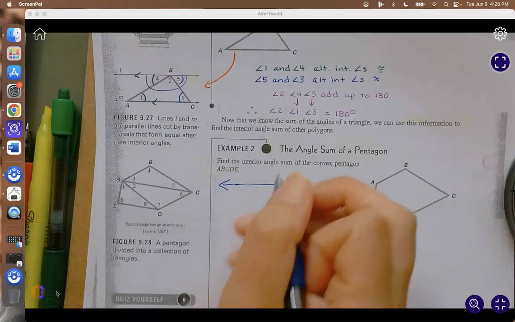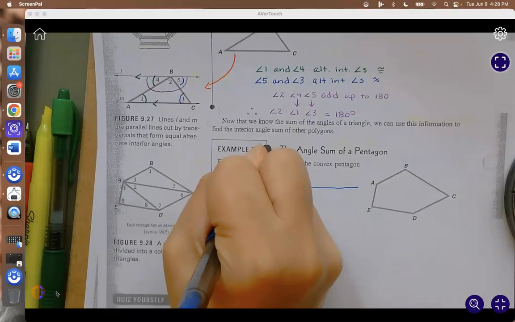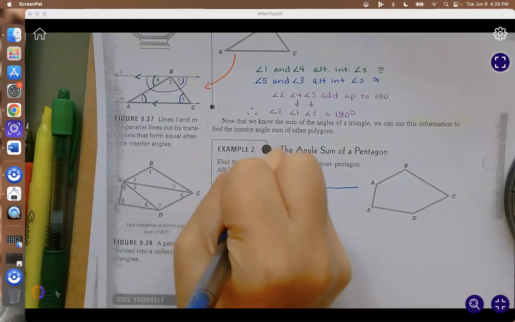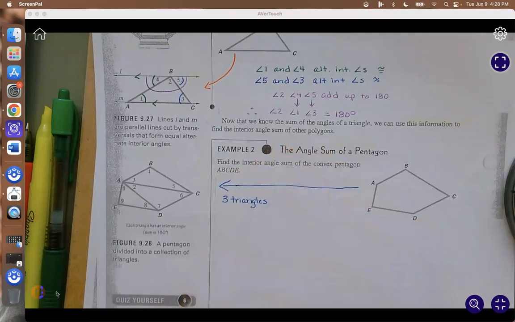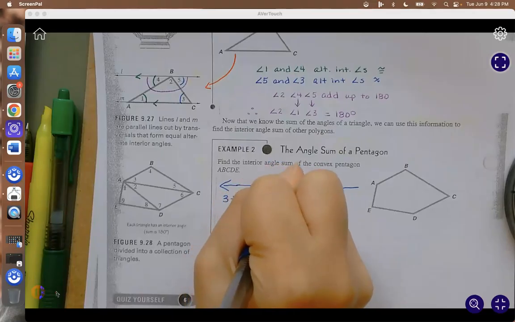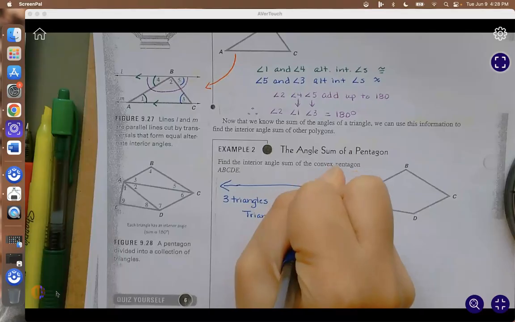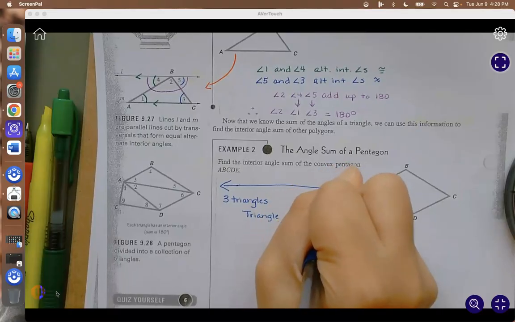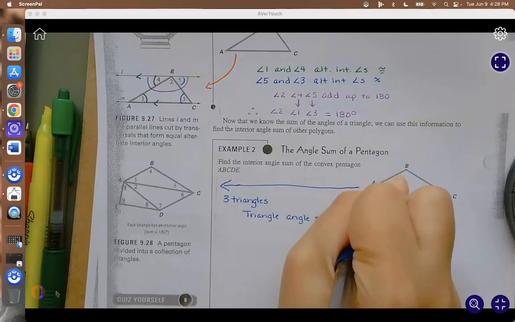It gives me 3. And how many degrees are in one triangle? A triangle angle sum is 180 degrees.